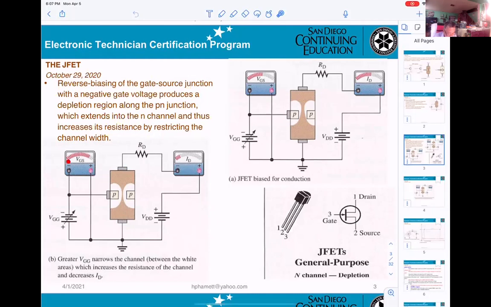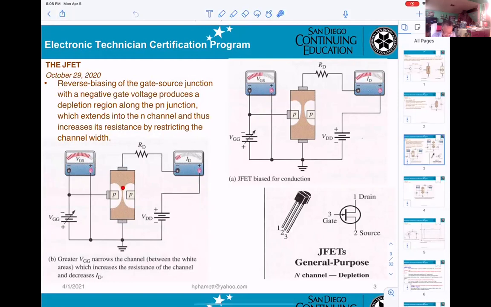So when you display the measured VGS as very negative, that gives a little current ID here. You compare this one and this one. This one, VGS will be less negative, then the current ID will be more.